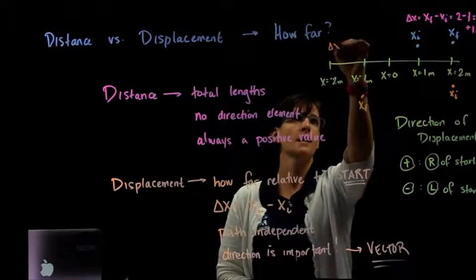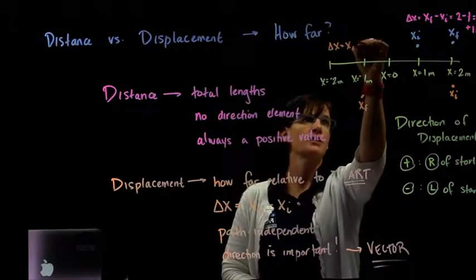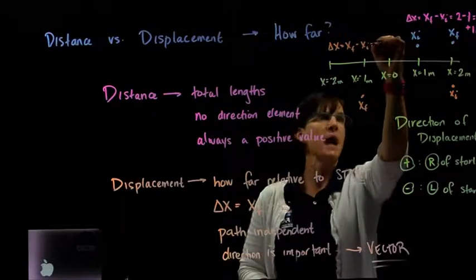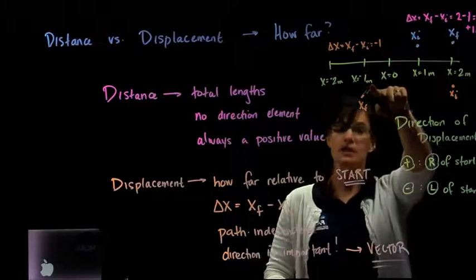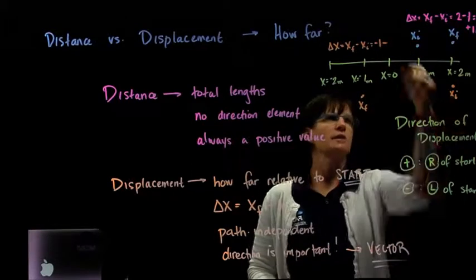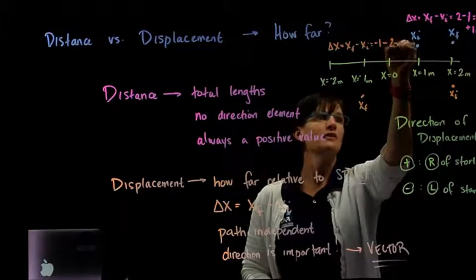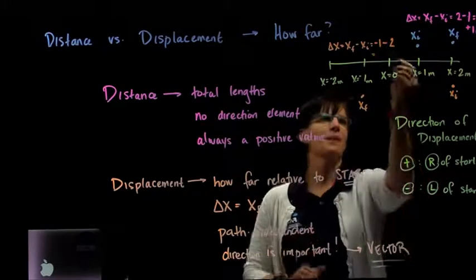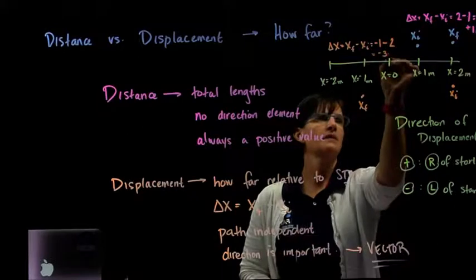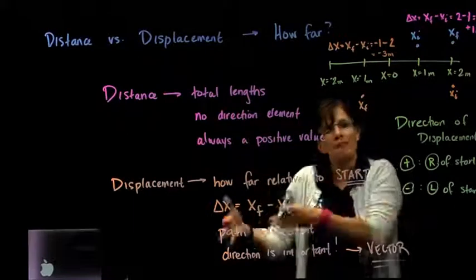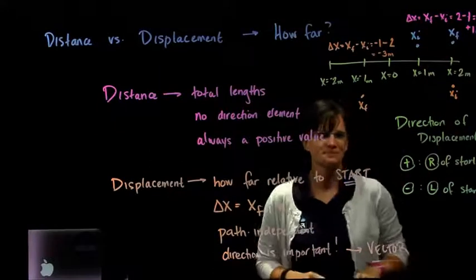Okay, well, delta x is our final position minus our initial position. My final position was -1, physical position in space, -1, minus my initial position of +2. So -1 minus a +2 has a displacement of -3 meters. I am 3 meters to the left of where I started.